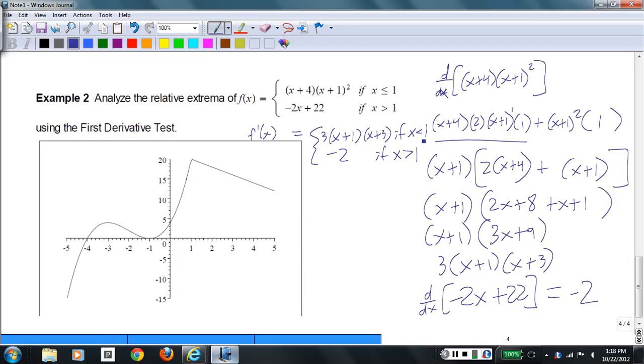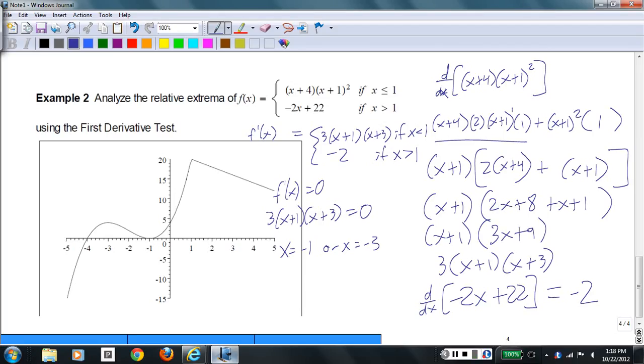But for values less than 1, it might be 0, so I'm trying to find where f prime of x equals 0. I would want to figure out where 3 times x plus 1 times x plus 3 is equal to 0. Yes, x equals -1 or x equals -3. They both qualify as critical numbers.